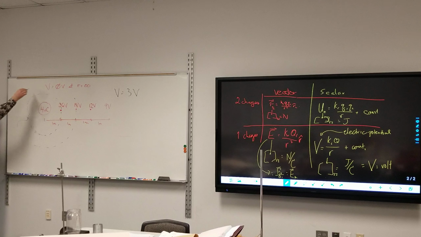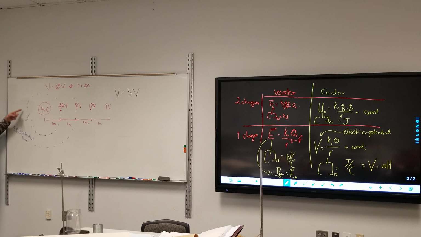This line right here, where everything is 36 volts, is known as an equipotential line. Pardon? Why? Equi, meaning equal, potential.